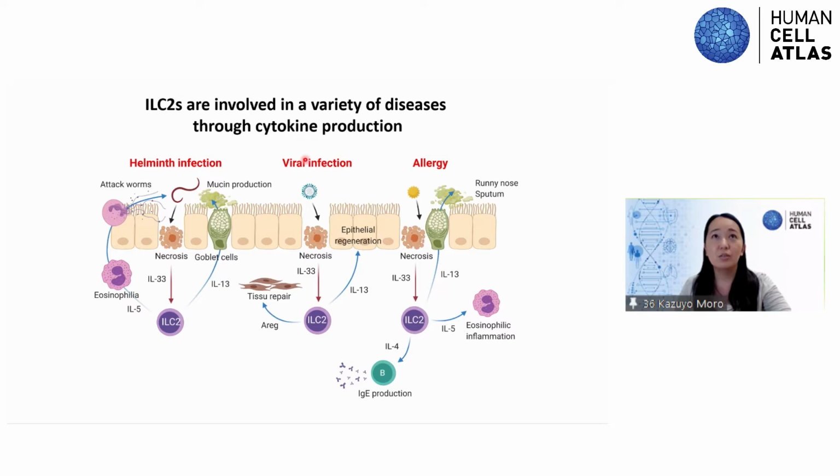But in the case of viral infection, ILC2 have a good role, because necrotic cells also produce IL-33 in viral infection. But in this case, ILC2 produce IL-13 and act in epithelial regeneration, and also through filaggrin, they can support tissue repair. So that means ILC2 have a variety of roles in our body.